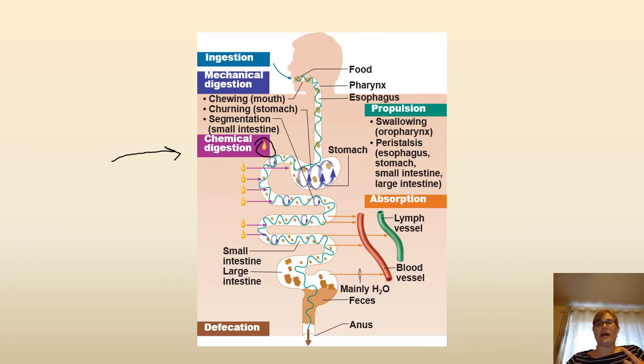This is where we're going to have that segmentation and peristalsis. Our stomach is going to be doing that churning, and then we're going to start adding some chemicals in, and toward the end, we're left with mainly water, bacteria have a job there, and then feces, and then we have defecation.